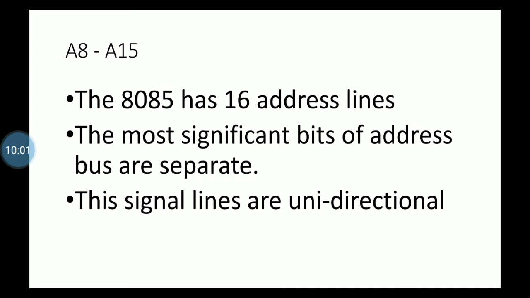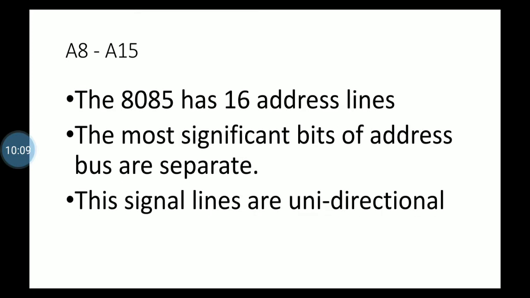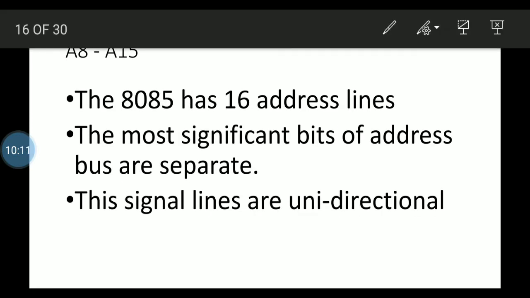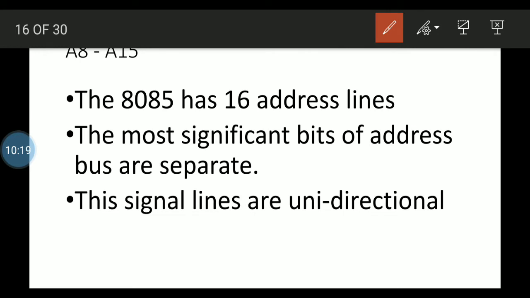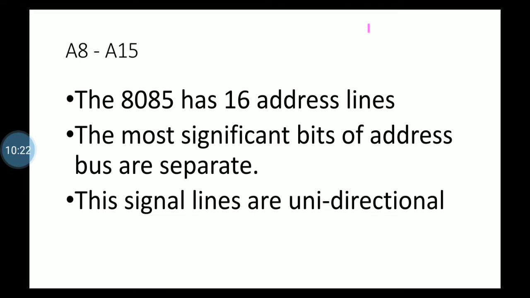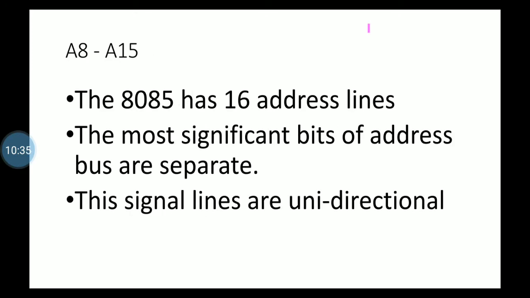Remember, AD0 to AD7 are bidirectional, but A8 to A15 are unidirectional, meaning only one way, one direction only. Always remember, the lower address comes in A0 to A7, and the higher address comes in A8 to A15.